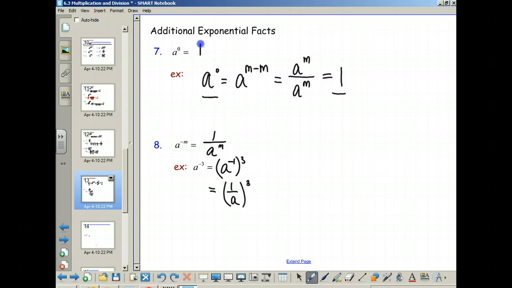And of course, according to property number 4, I think it is, we can distribute that cubed to each of my terms. And finally, we recognize, of course, that 1 cubed is 1. So this becomes 1 over a cubed, which came from a to the negative 3.